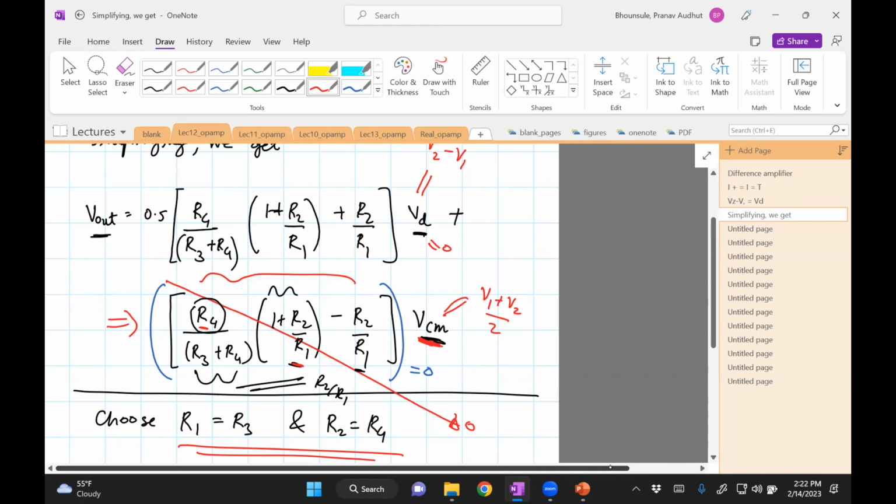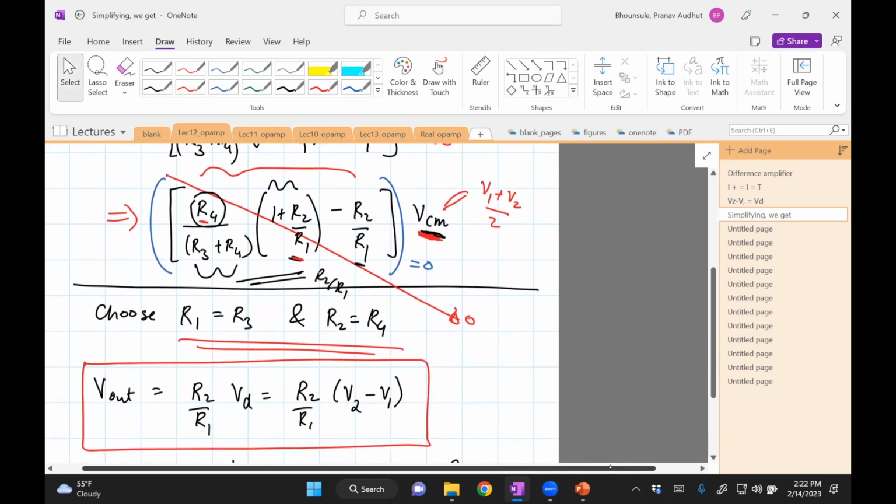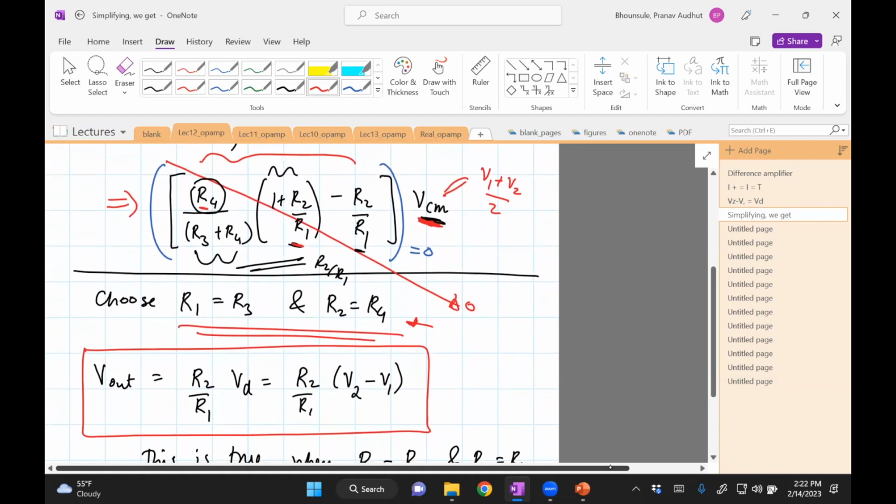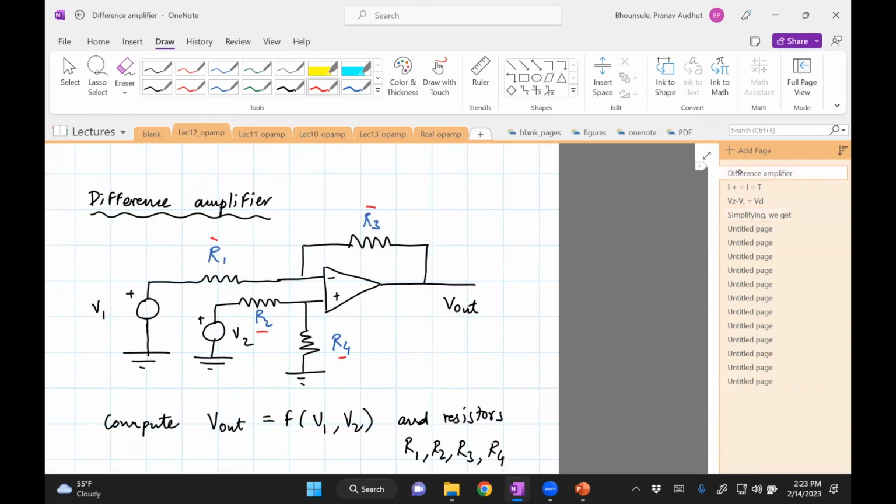So it tends to be very sensitive to this choice of resistors, and that's why a difference amplifier is never really used. So this circuit which I showed you is not physically constructed and used in a circuit because of this problem. That is, the perfect matching is just hard to do.